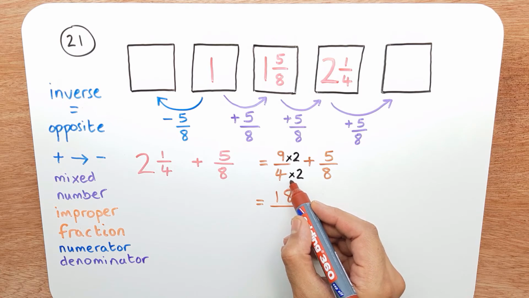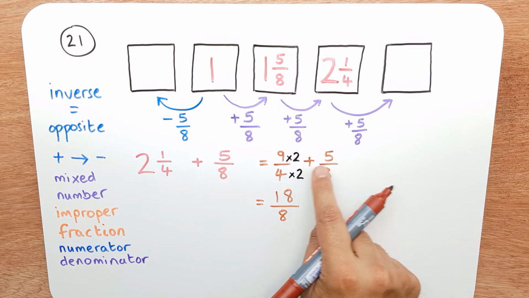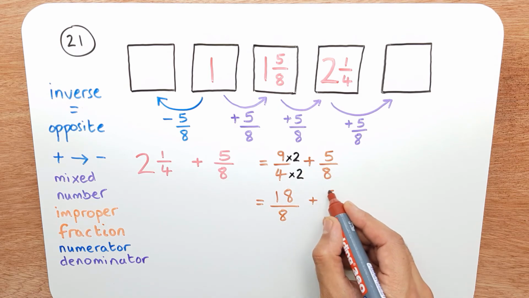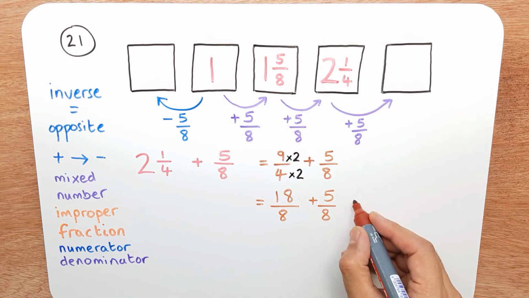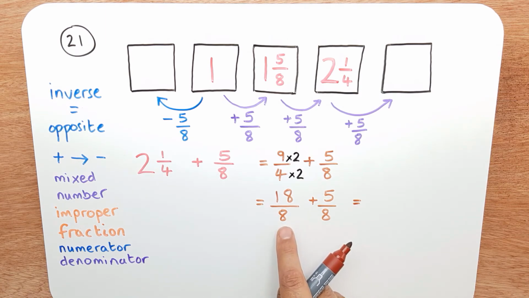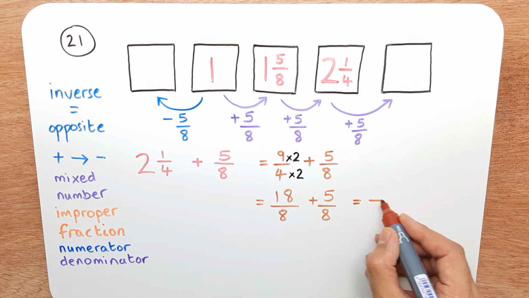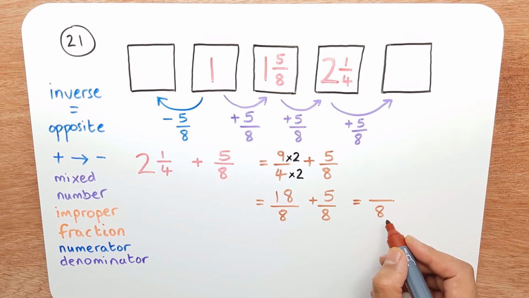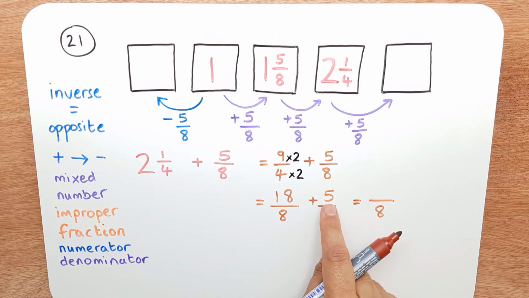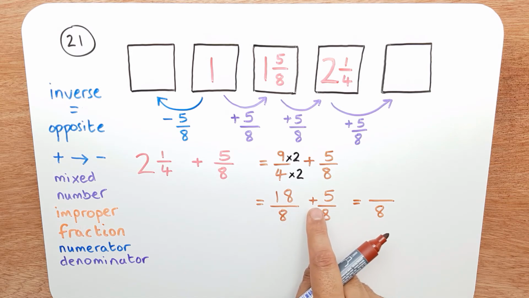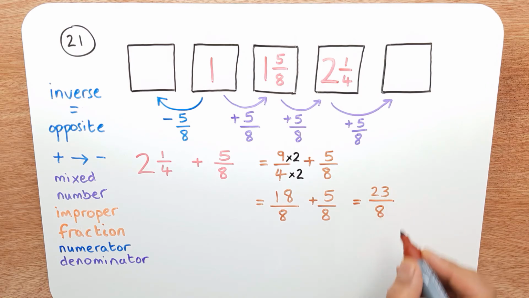And 4 times 2, which is 8. Plus 5/8. Now what I have here, and this is where it's easy, because the denominators, the bottom numbers, are the same, I draw a fraction line and I put an 8 at the bottom. And I simply do 18 add 5. And 18 add 5 is 23.